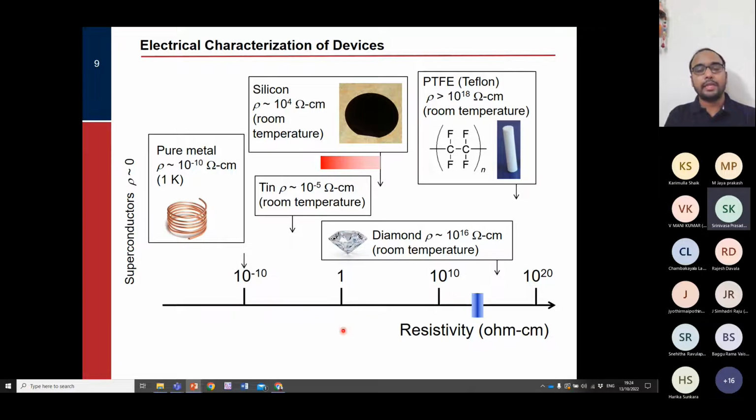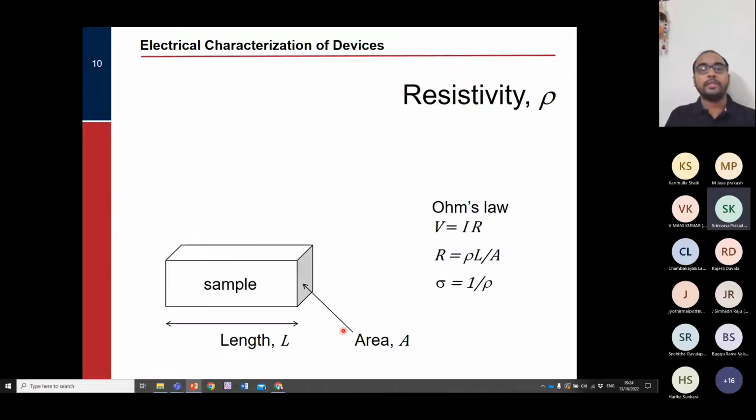So you can imagine that if I want to measure the resistance or resistivity of these materials accurately with a single instrument, that is not possible.